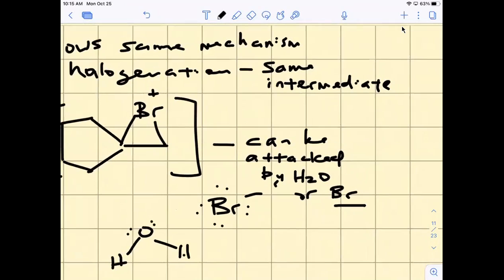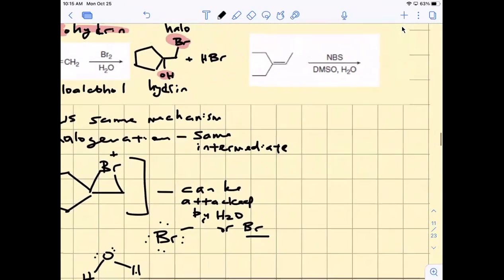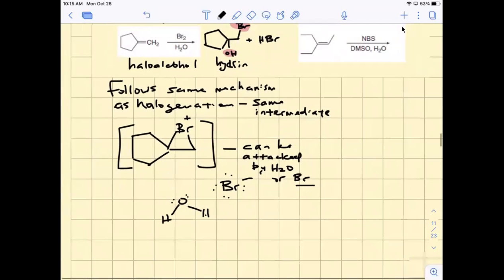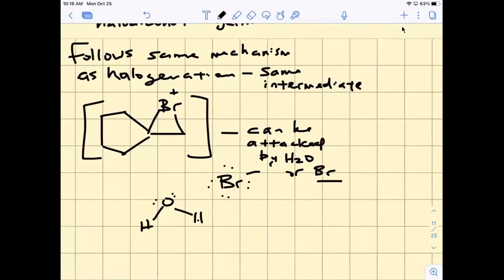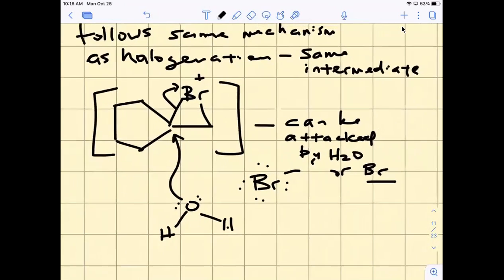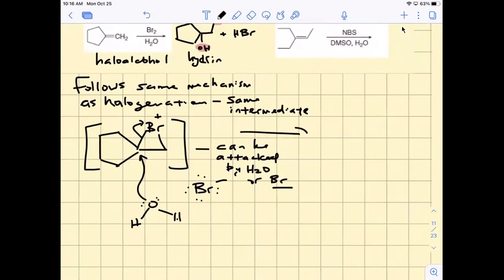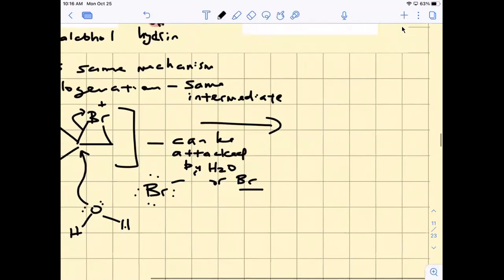Right, but the fact that you're doing this reaction in water, there's a lot more water present than bromine, right? So water is going to act as your nucleophile in this case, and it's going to attack and pop that ring open. Right? So when that happens, I end up with another intermediate.